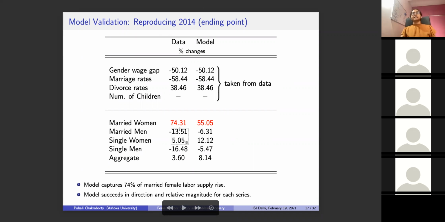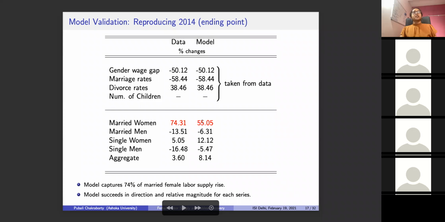So what I find, consistent with the data, is that both married women and single women have increased their labor supply, and both groups of men, married men and single men, have reduced their labor supply. The change for married women has been the maximum. And in terms of the relative magnitude, you can see that my model does a good job.